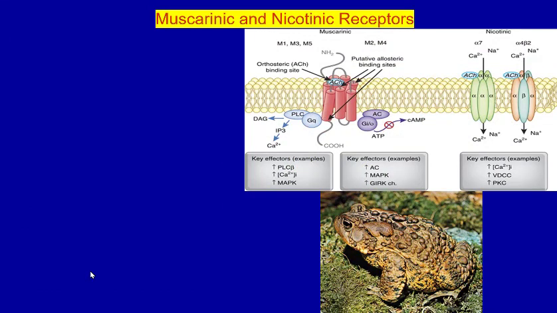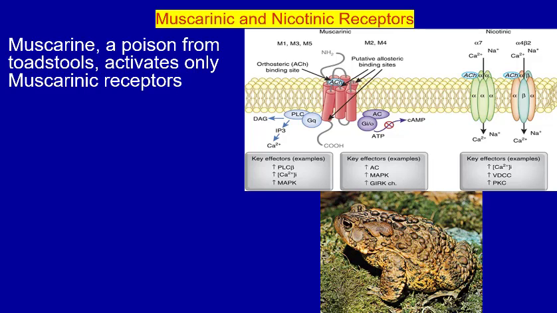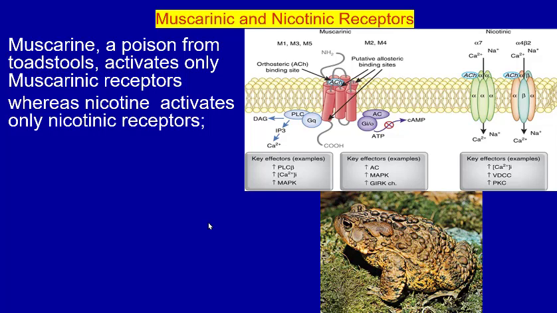Muscarinic and nicotinic receptors. Now here we discussed that the muscarinic receptor is present in the heart, so you must know about the muscarinic and nicotinic receptors. Muscarine is actually a poison from toadstool and activates only the muscarinic receptor, whereas nicotinic activity is initiated by the nicotinic receptor.